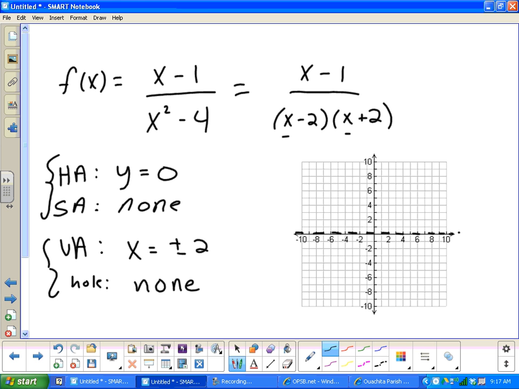Did I say horizontal? I said vertical. Okay. So vertical asymptotes there at positive 2. So you do a dotted line at positive 2 and then a dotted line at negative 2. Okay. Right. Now we'll fill in the curves probably like on Thursday. Okay.